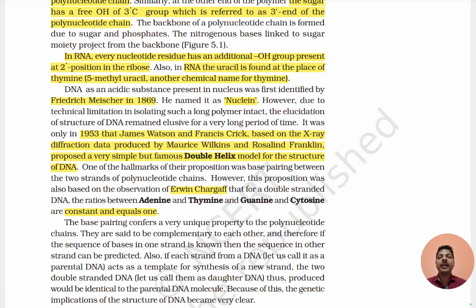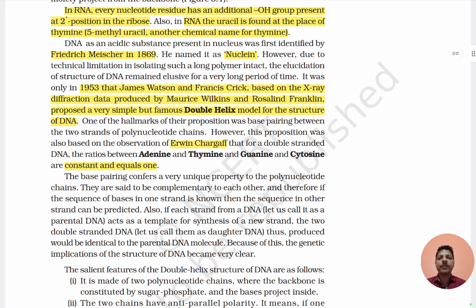It was only in 1953 that James Watson and Francis Crick, based on the X-ray diffraction data produced by Maurice Wilkins and Rosalind Franklin, proposed a very simple but famous double helix model for the structure of DNA. And then comes Erwin Chargaff, who said that the ratio between adenine and thymine and guanine and cytosine is constant and always equals 1.